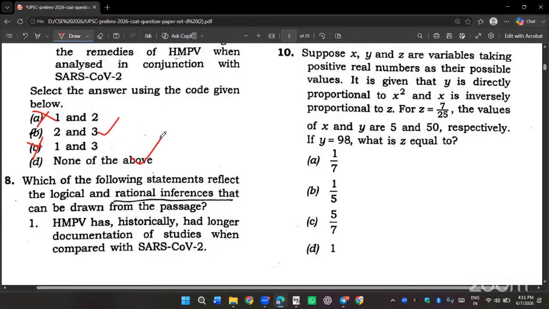Out of two, even if you don't know 2 and 3, if you have these kinds of questions, sir, I knew only two choices. Confirm. I knew that these two choices will not come.